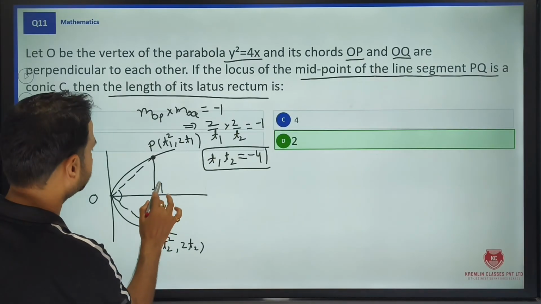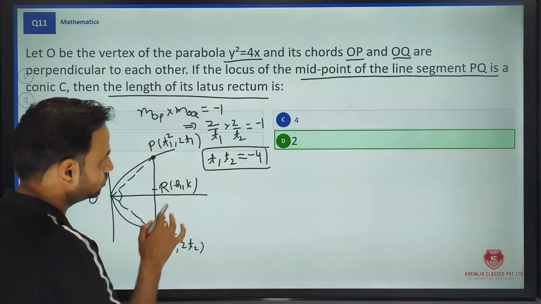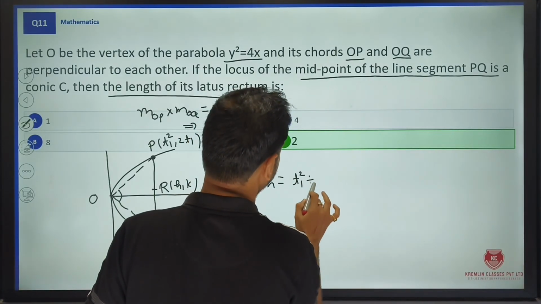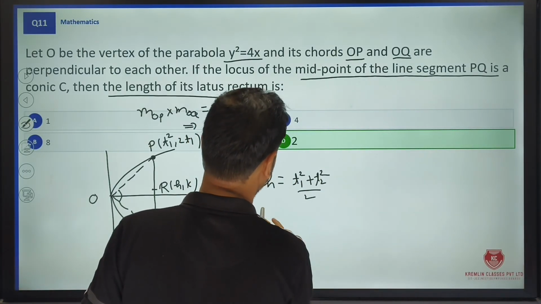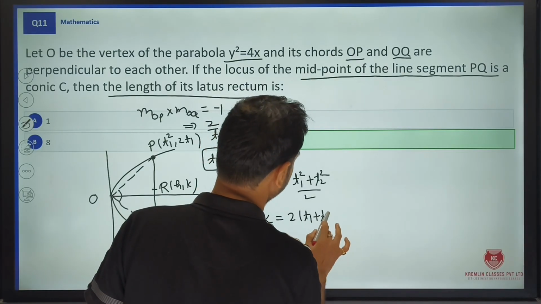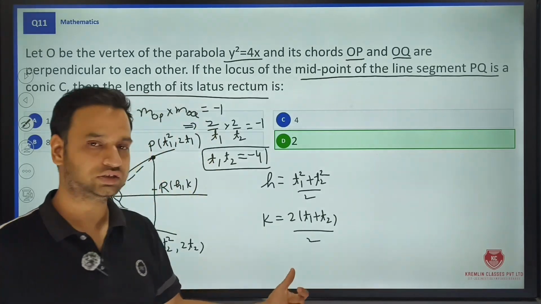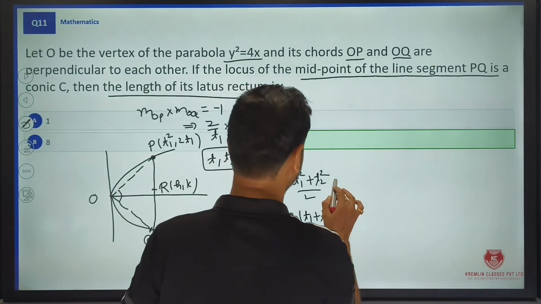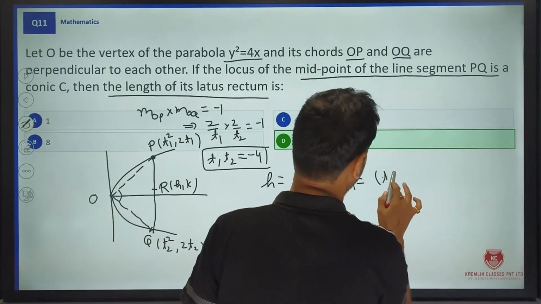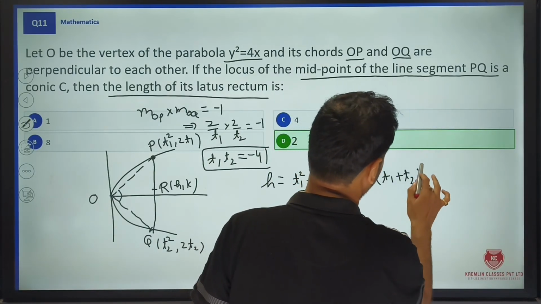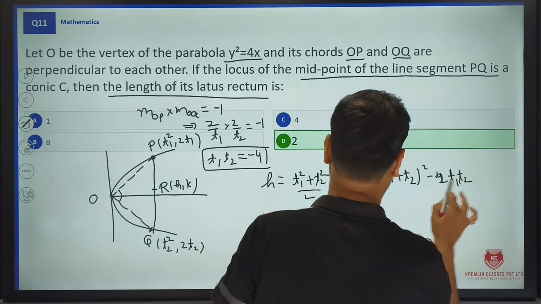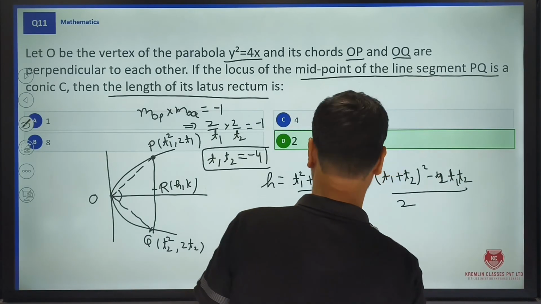Locus of the midpoint, so that is (h, k). The midpoint will be given by h equals t1 square plus t2 square upon 2, and k equals 2(t1 plus t2) by 2. So k is this, h is this. h equals (t1 plus t2) whole square minus 2 t1 t2 upon 2.